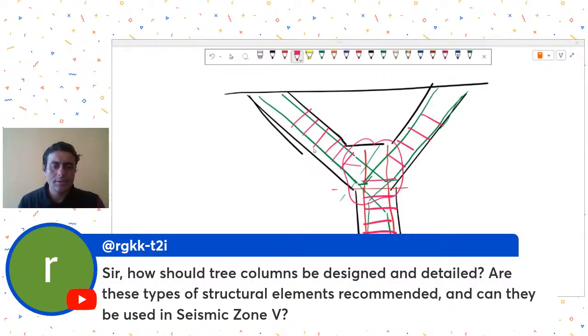Can it be used in seismic zone 5? There is nothing in the code that does not allow you from using such a column, but you will have to be careful.